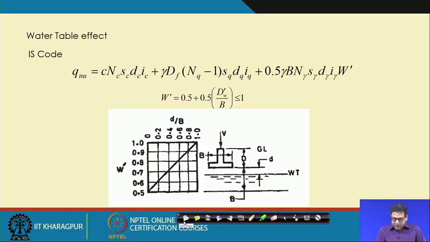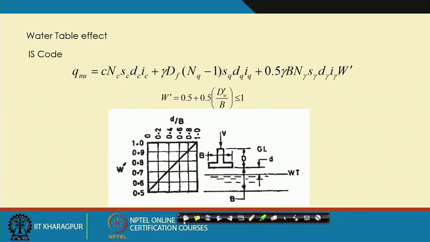And the next one is that Skempton's theory is valid only if phi is equal to 0, I mean, only for cohesive soil. This is one piece of information. Another piece of information: for local shear failure, I have given a recommendation for cohesionless or phi soil, and if it is cohesive soil that is very soft, then you can consider local shear failure.